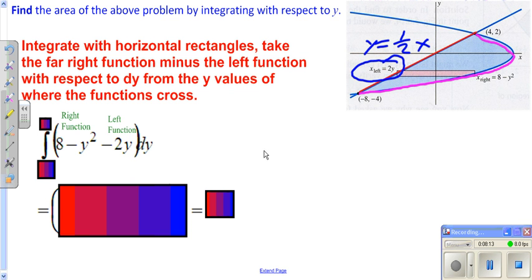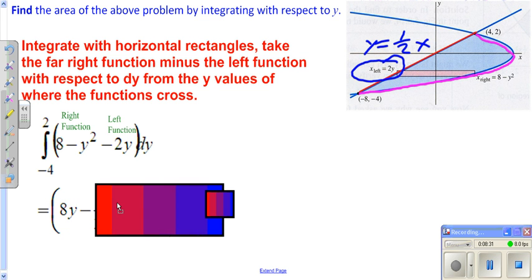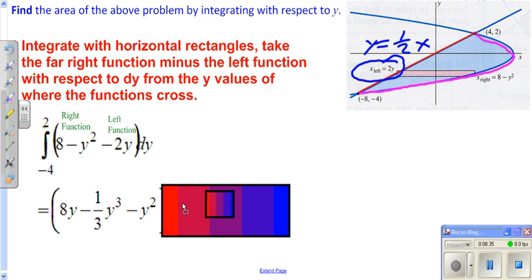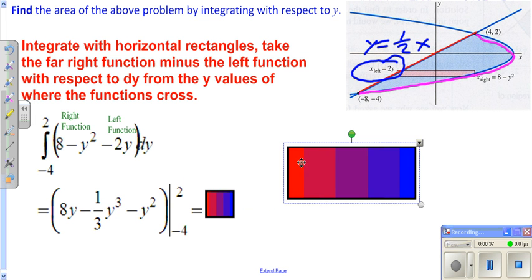Now since you're integrating with respect to y, you then need to make sure you have y values for your bounds. So you're starting out at -4, going all the way up to a height of 2. And so now you're just going to integrate. Then you have to evaluate.